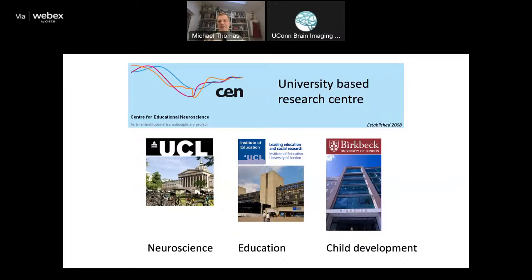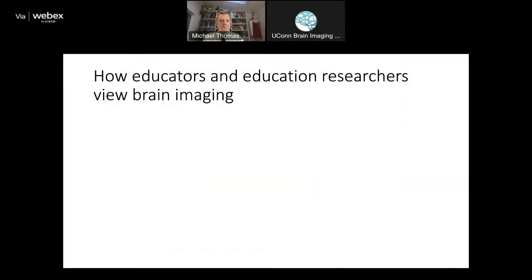So we're about a dozen faculty members who work together on different projects with this goal of translation: take basic science and see how that might be useful in an educational context, but also listen to educators and use their interests and priorities to try and direct some of our research.